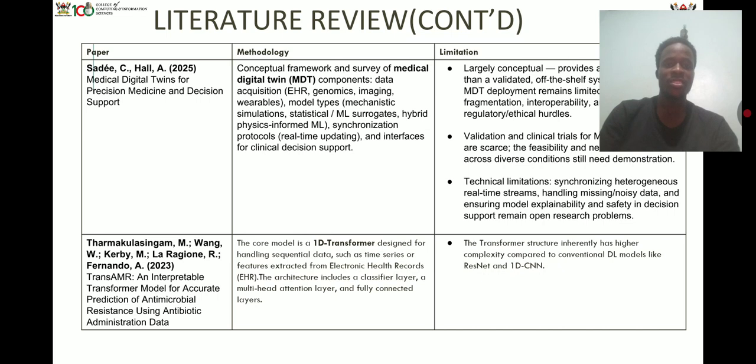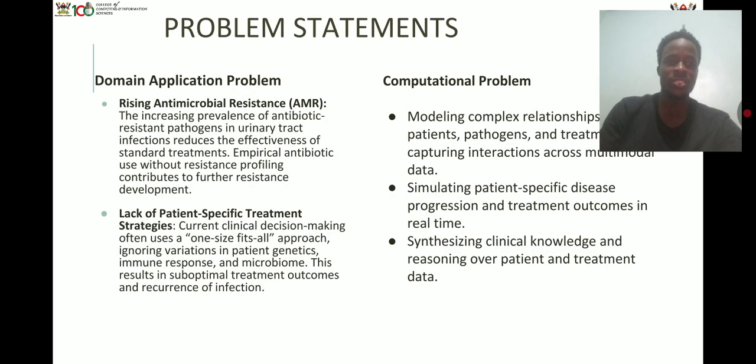This paper has digital twins and precision medicine, which are among the things that we use for our project. And then the other paper is Trans-AMR, an interpretable transformer model for accurate prediction of antimicrobial resistance using antibiotic administration, and this paper was chosen for the same reasons.